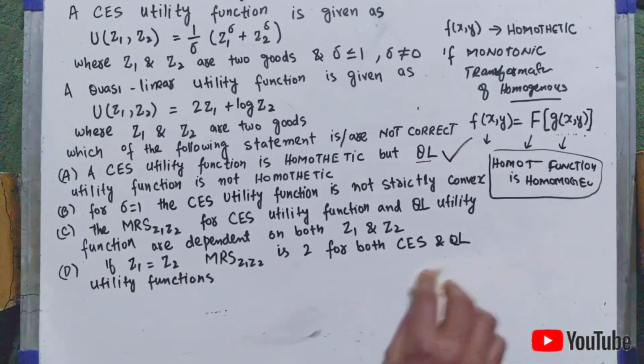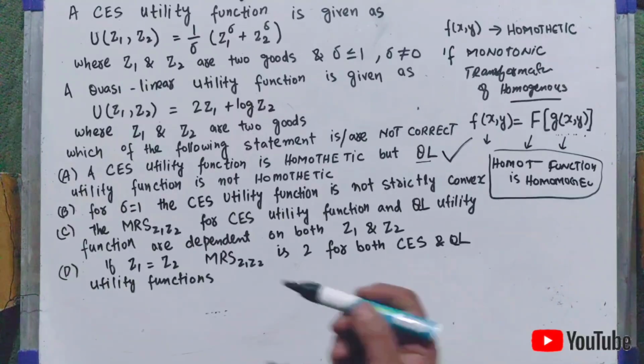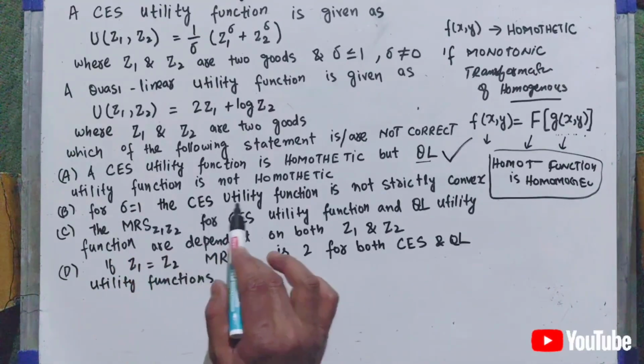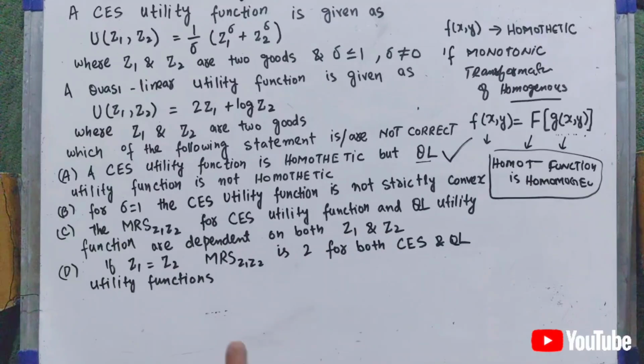In the second, we are being told if delta is equal to 1, the CES utility function is not strictly convex.